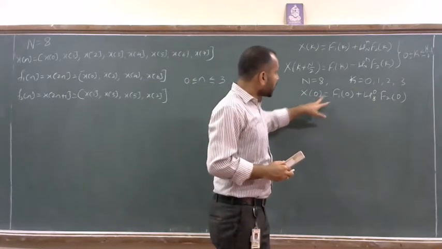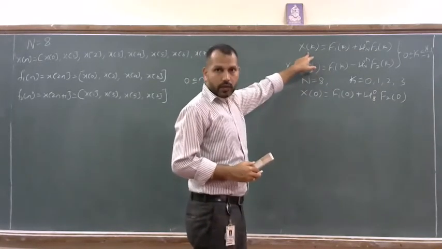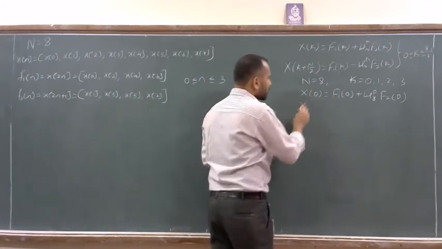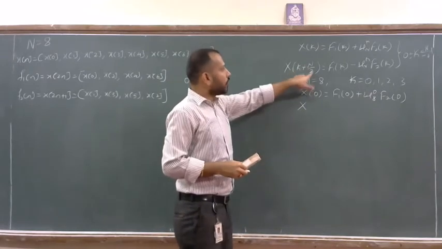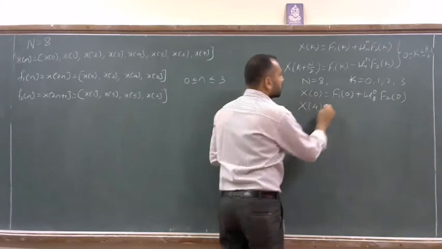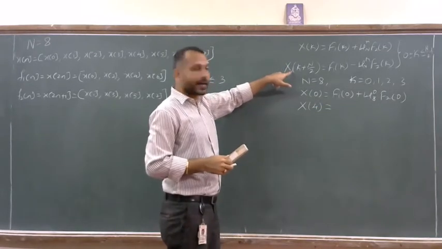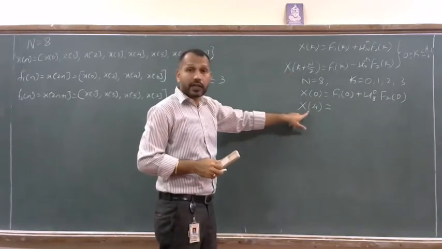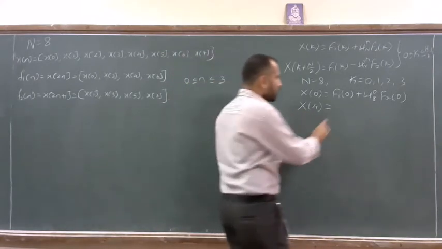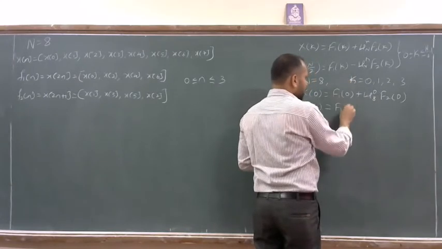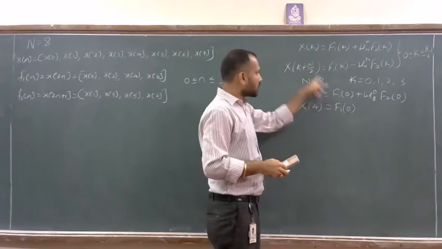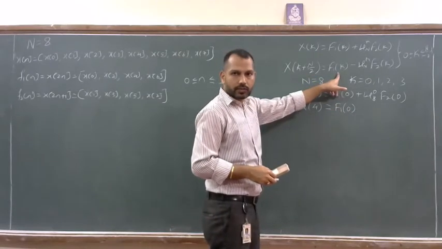Okay. Now we get this equation when we substitute k equals 0 in the first equation. Now substitute k equals 0 in the second equation. It will give us, now k is 0, N by 2. N by 2 is 4. 0 plus 4, 4. So for k equals 0, the second equation will give us the fifth DFT point, which will be represented by x of 4, which will be the difference. We have substituted k equals 0 in the second equation.